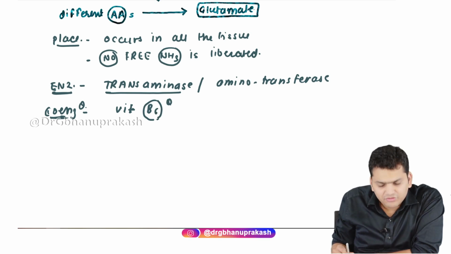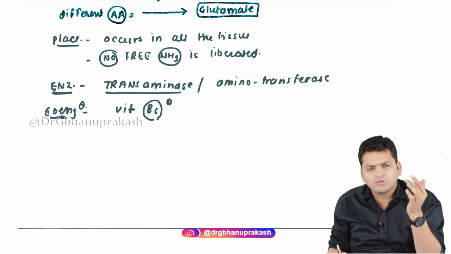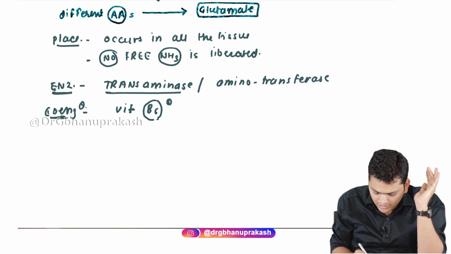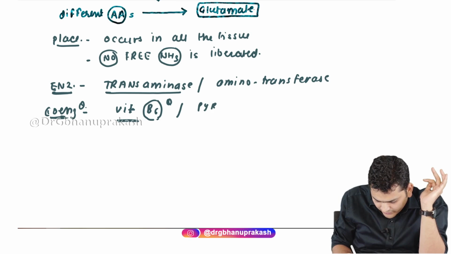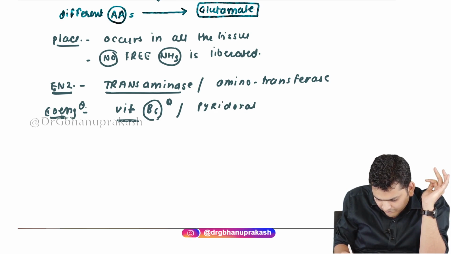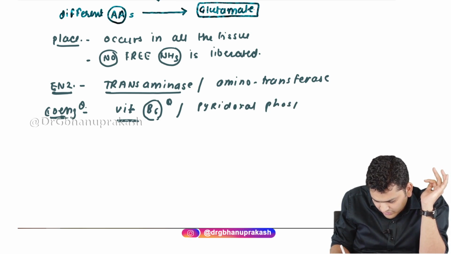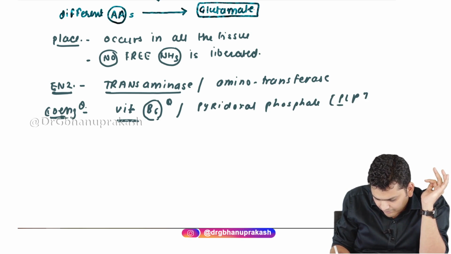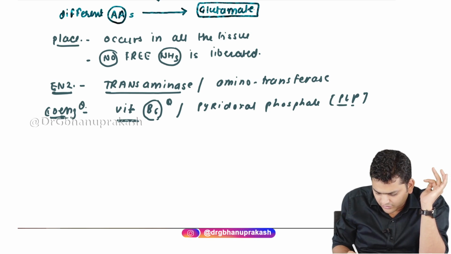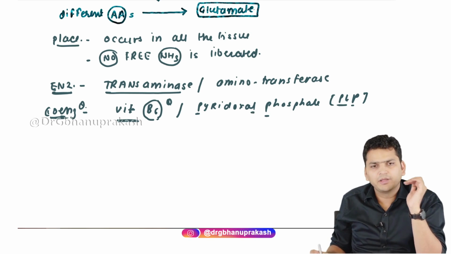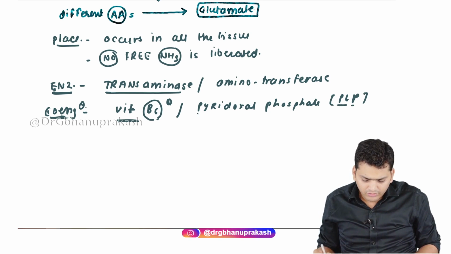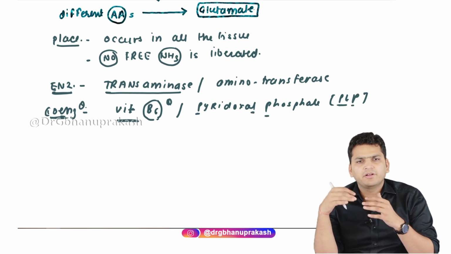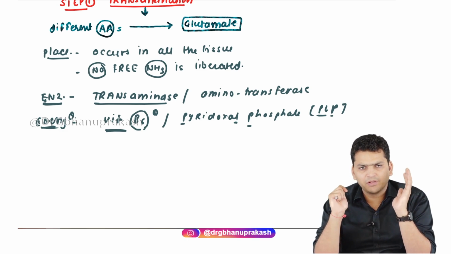In the decarboxylation of amino acids also, we have discussed that we require the active form of vitamin B6. Here also we require vitamin B6. The name of that is pyridoxal phosphate, which is written as PLP. So in transamination, we are going to convert the various types of amino acids into glutamate. Let's see the examples.